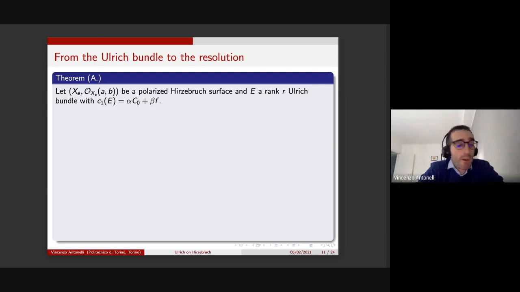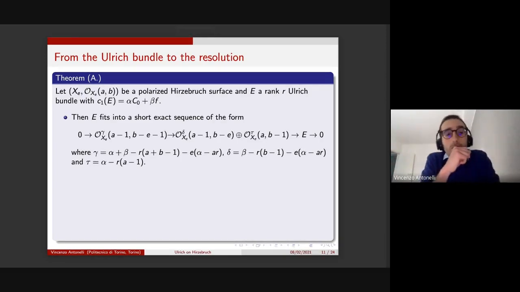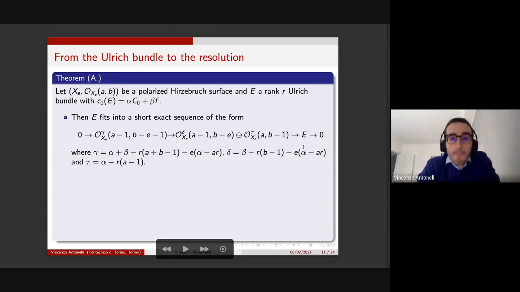So if you consider a polarized Hirzebruch surface, and you consider a rank r Ulrich bundle with fixed c1, so you have the c1 which is given by alpha C0 plus beta F, then the vector bundle fits into this short exact sequence. So in particular, we have this resolution of an Ulrich bundle, and the exponent this time only depends on the first Chern class, the rank, and the polarization.